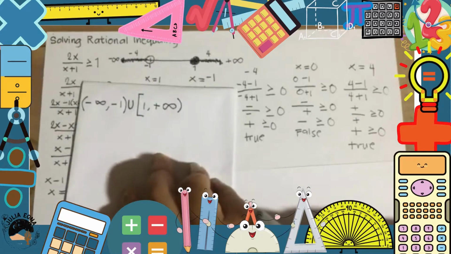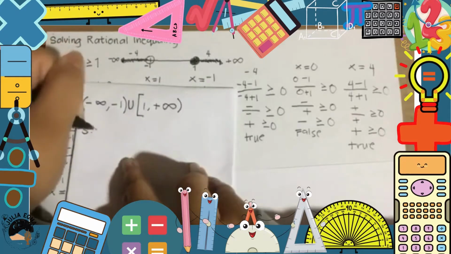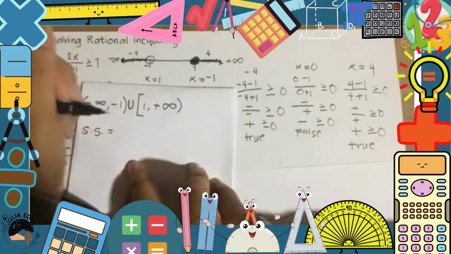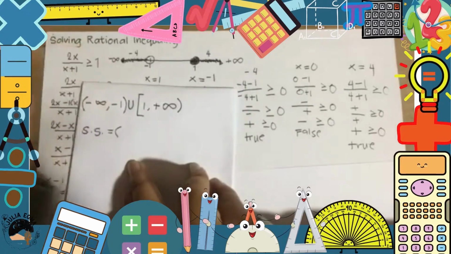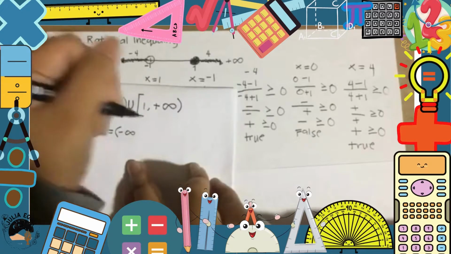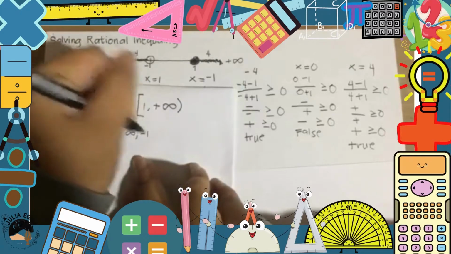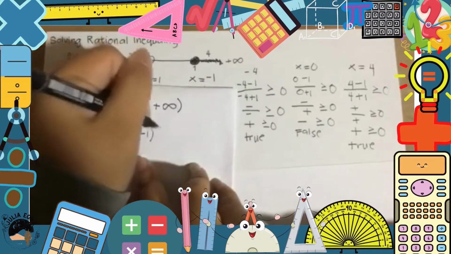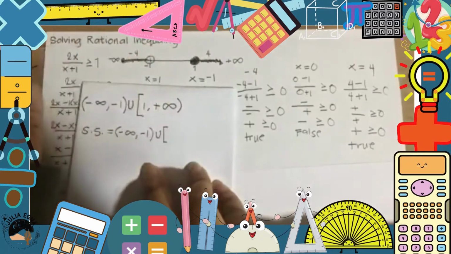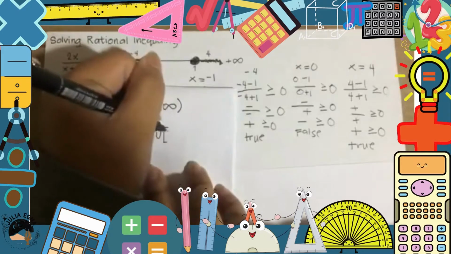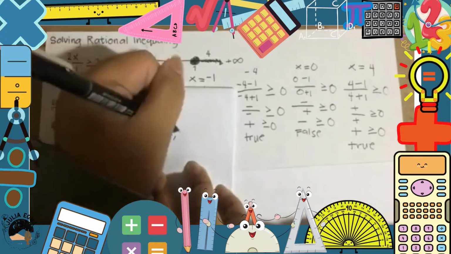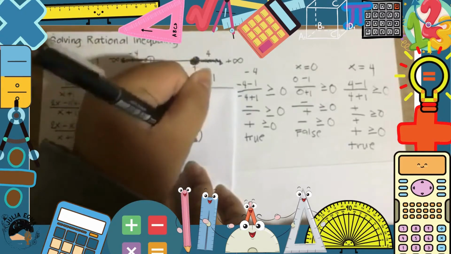We're going to read this as solution set equal to open interval from negative infinity to negative 1 union of half open interval from positive 1 to positive infinity.